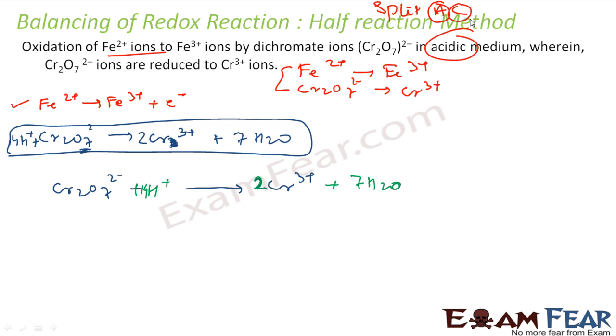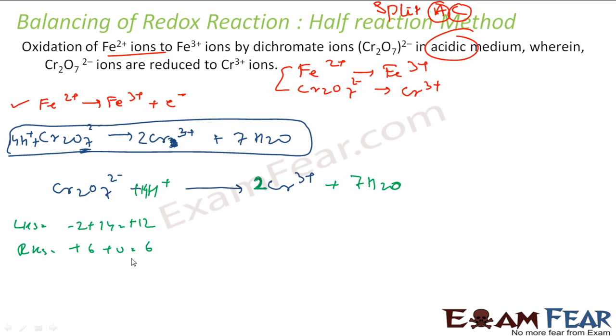Now the question comes to balance charge, right? So let's see how much charge is in the LHS. In LHS we have -2 plus 14 here, that is +12 charge. In RHS, how much charge do we have? We have 3 into 2, that is +6, and 0, so 6 charge here, right? So we have 12 here, we have 6 here.